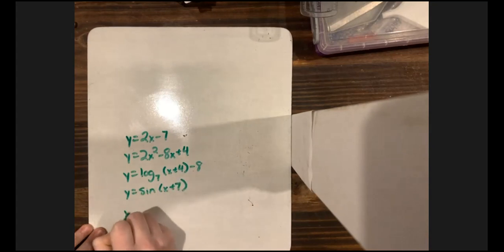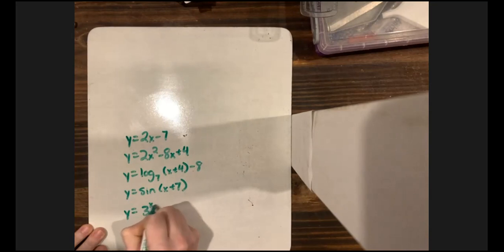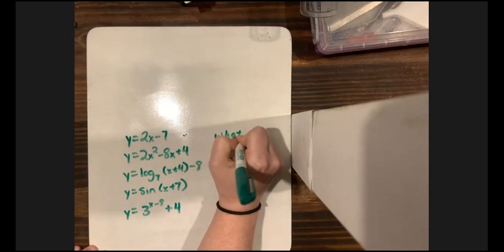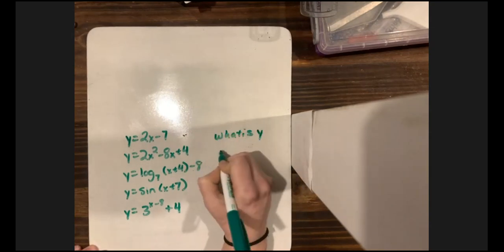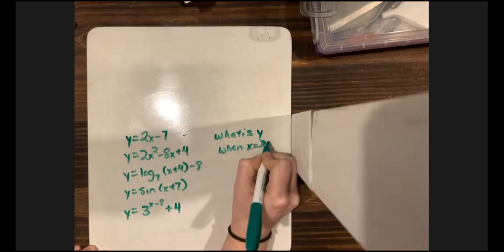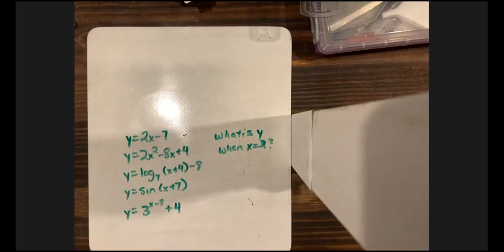They have these big long lists, and then they would ask, what is y when x equals 2? Well, now here's the problem. Which one am I talking about? Do you know which one of the equations I'm asking you to plug in?